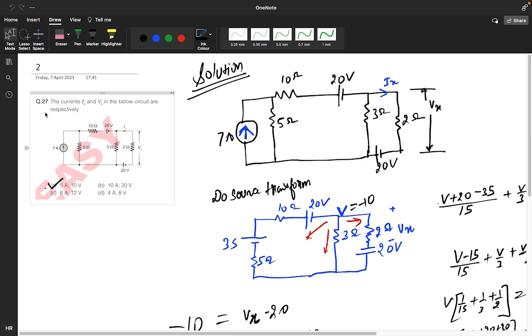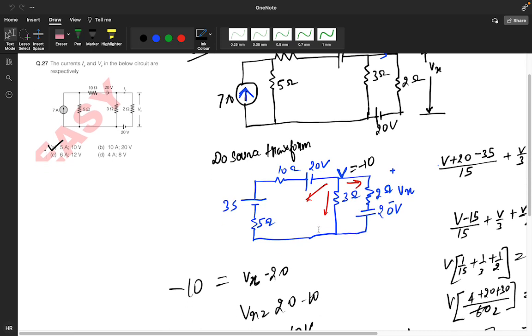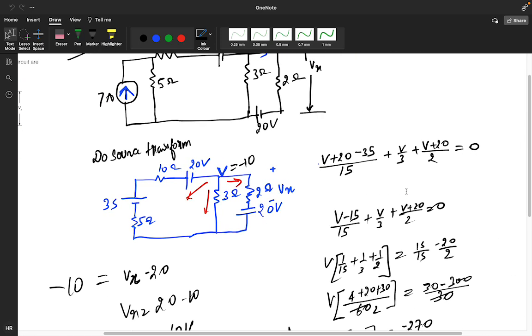In the 27th question, you need to find the current Ix and Vx. How will you find this? Just do the source transformation, 7 and 5, 35, 5, 10, and apply the nodal analysis. When you apply the nodal analysis, you will get the value of V equals minus 10. You need to find the voltage across the 2 ohm, so I have written the voltage across this 2 ohm as Vx.